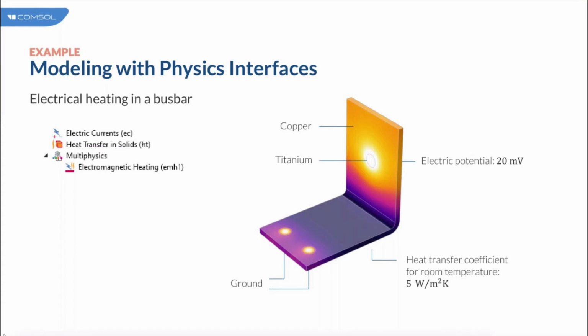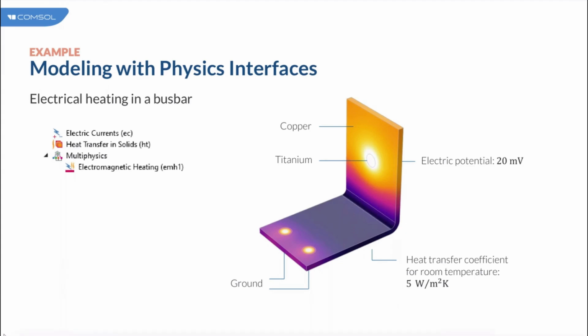I'd like to explain what we mean by equation-based modeling. So let me contrast it with physics-based modeling. Here's an example of a model set up with our built-in physics interfaces, featuring resistive heating. If you'd like to create this model, you first select Joule heating from a list of common multiphysics scenarios.